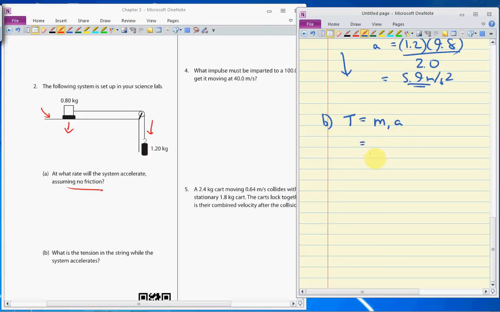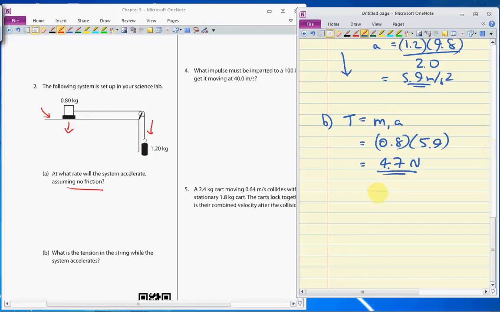So M1 is 0.8 and A is 5.9. 0.8 times 5.9 is 4.7 newtons.